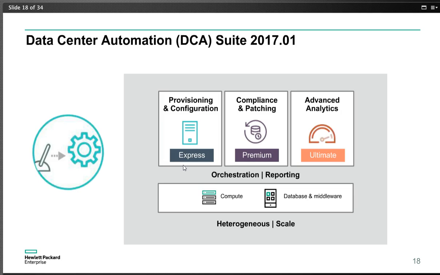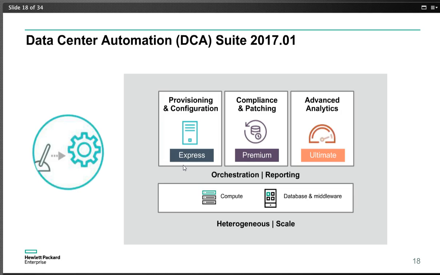This is the area where we are starting to introduce predictive capabilities, or capabilities that drive towards a more intelligent use of your infrastructure based on all the information that we've already captured, which we have captured by way of provisioning events, patching events, or compliance evaluations.